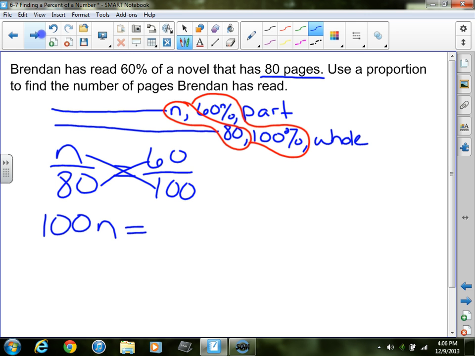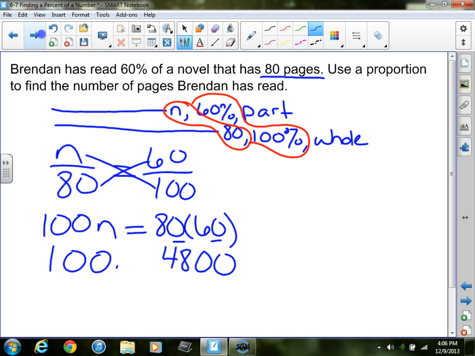100N equals 80 times 60. 8 times 6 is 48. Add the 2 zeros at the end. So I have 100N equals 4800.